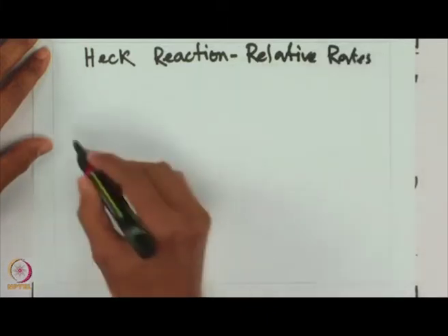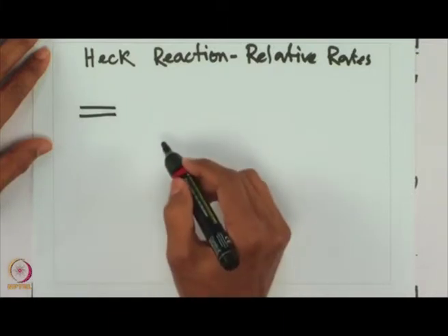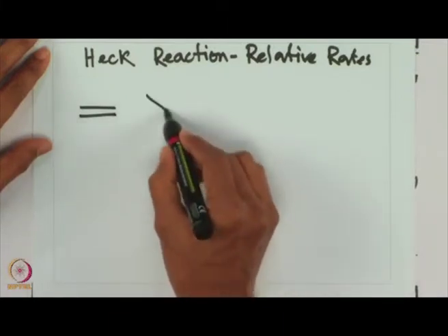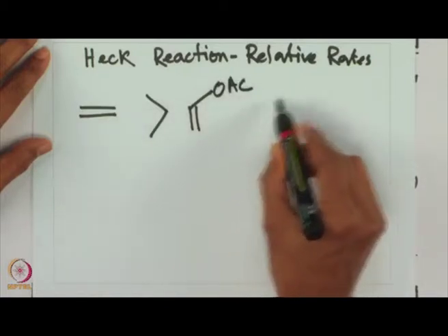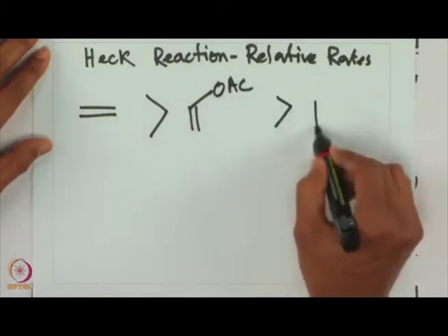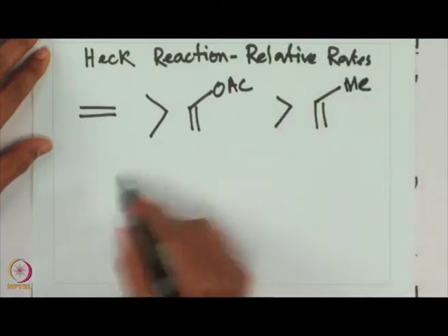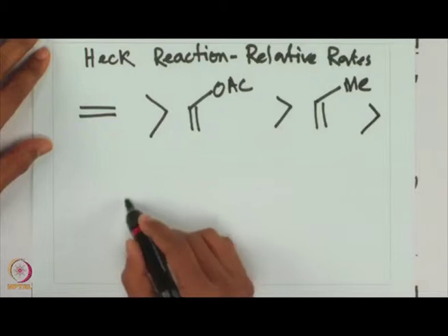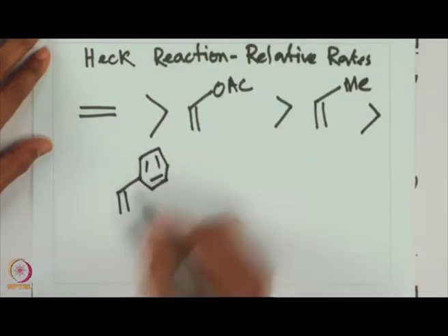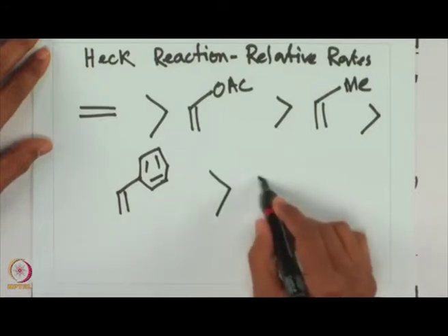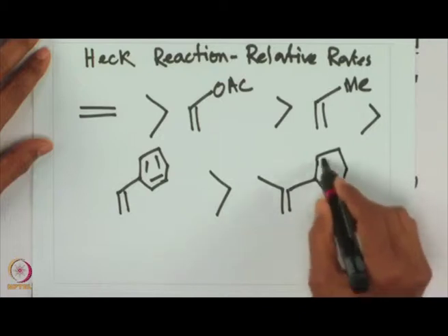What was found is that in terms of olefin, simple ethylene is most reactive, then acetate substituted olefin, then an electron rich olefin such as this, and this is more reactive compared to the styrene, and subsequently we see alpha methyl styrene.